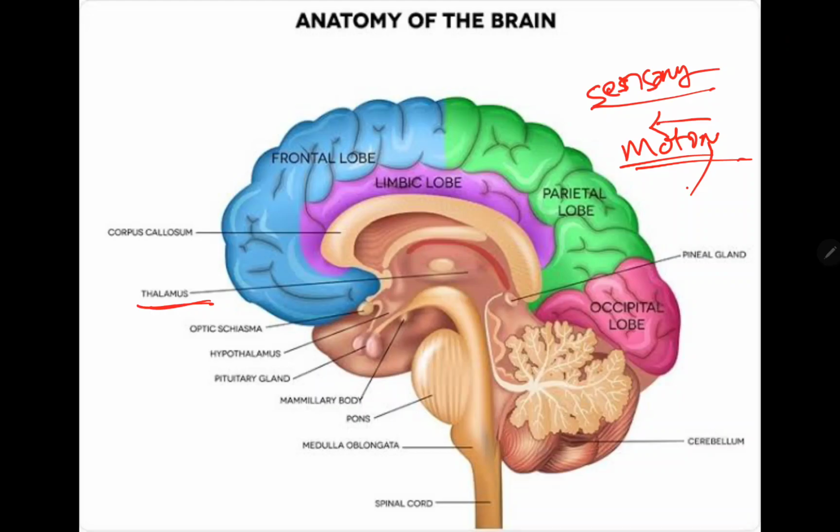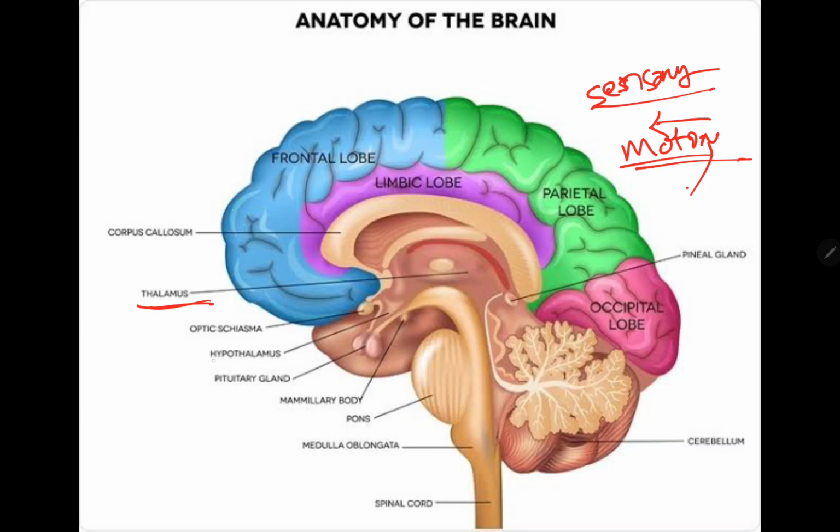The limbic system stores the new memories and also stores your past experiences. If you are remembering something from your past, that is due to your limbic system. So as the thalamus is found in the limbic system, it is also responsible for the formation of new memories and storing past experiences.